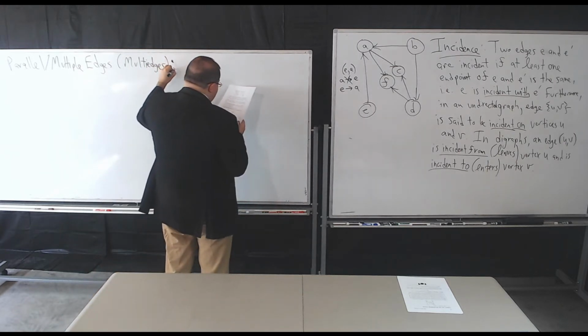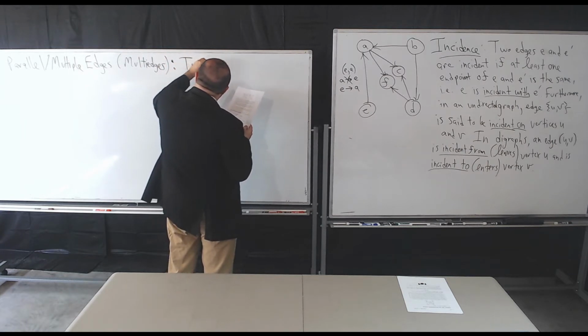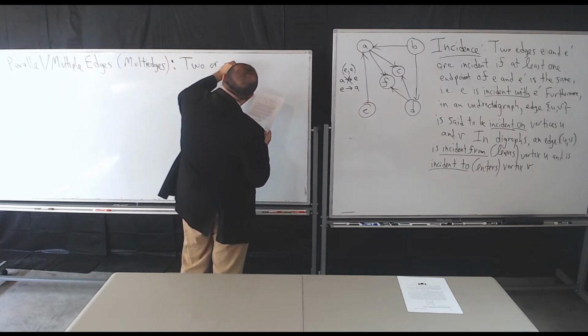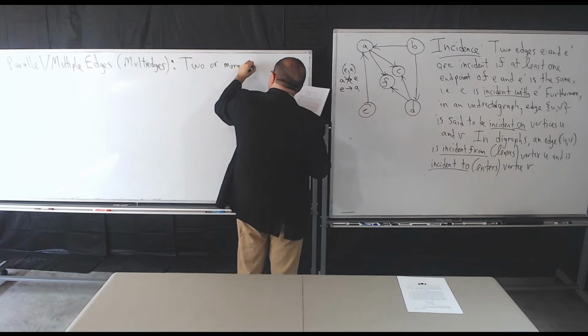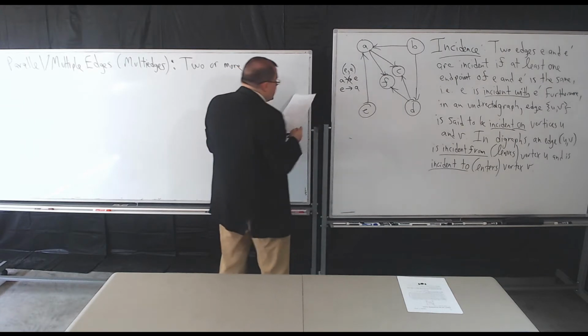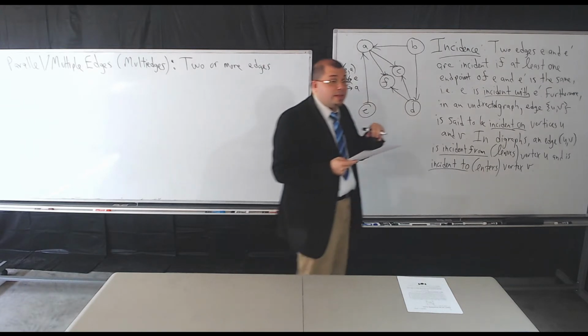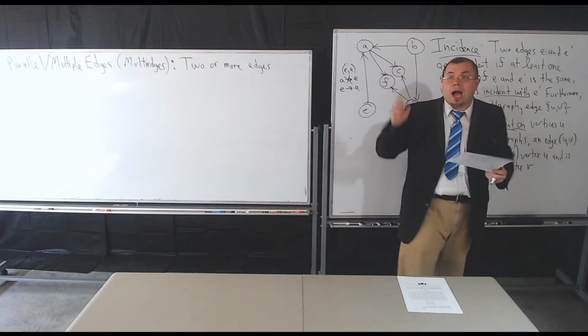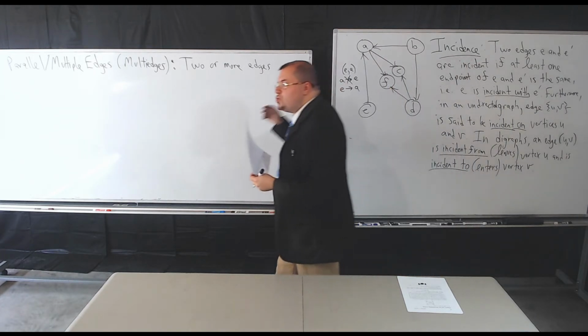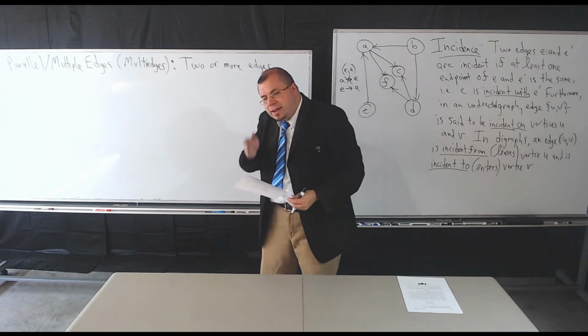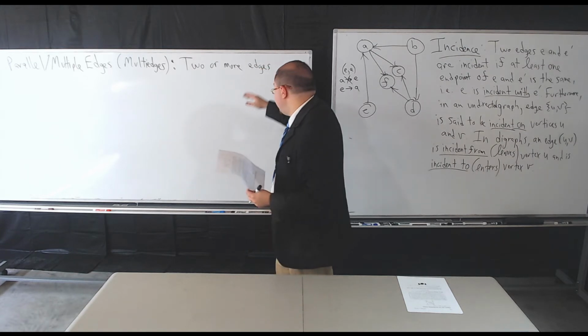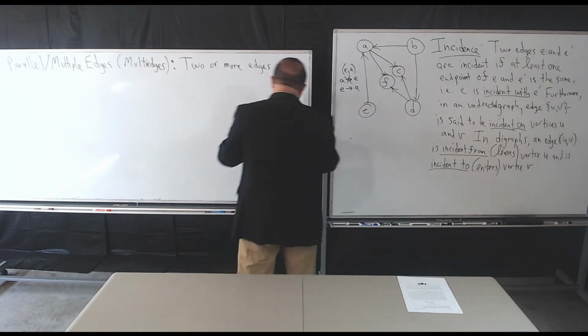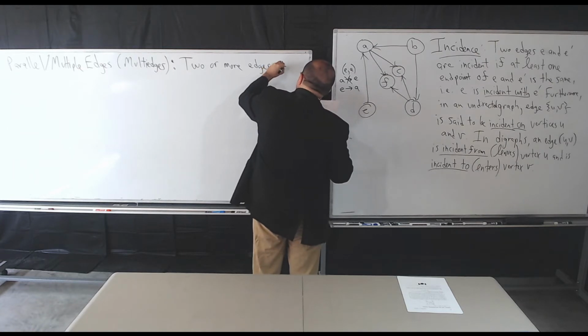All this means is that there are two or more edges. Now when I say this, I don't mean it in the sense that we were talking about at the beginning of the lecture. I'm talking about two undirected edges or two directed edges of the same kind. Two or more edges with the same endpoints.